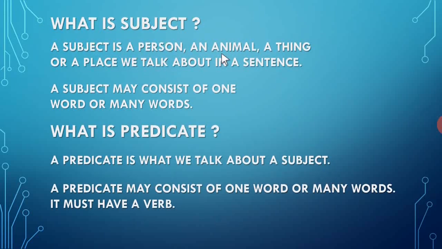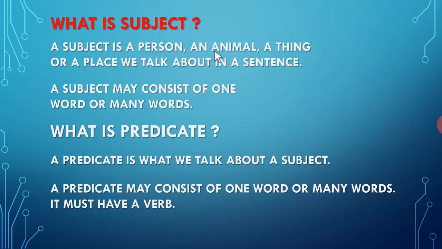What is a subject? A subject is a person, an animal, a thing, or a place we talk about in a sentence. A subject may consist of one word or many words, children. What is a predicate?